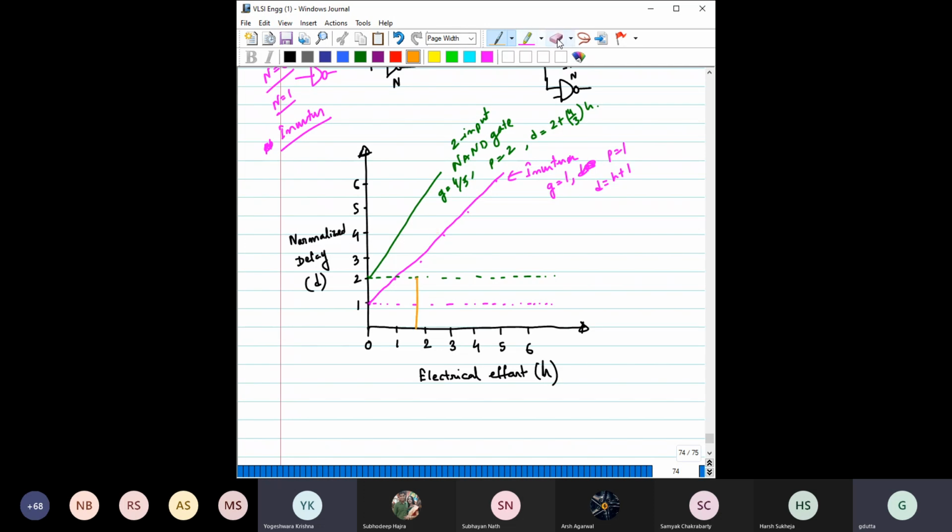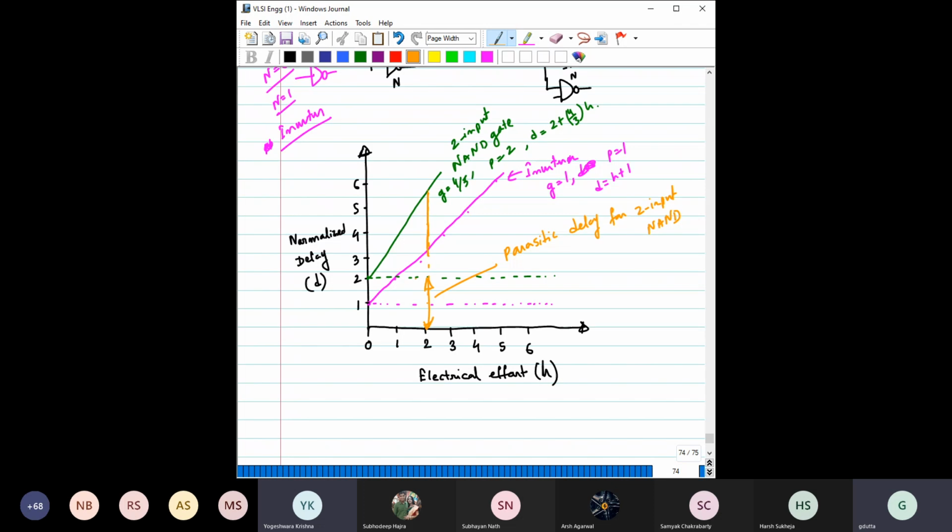H cannot be a fraction here, so it can be say like this. So this much is the parasitic delay for the 2 input NAND.